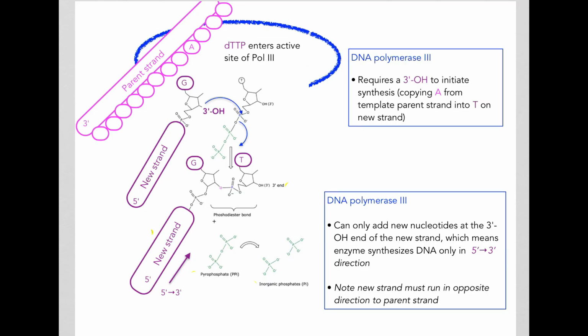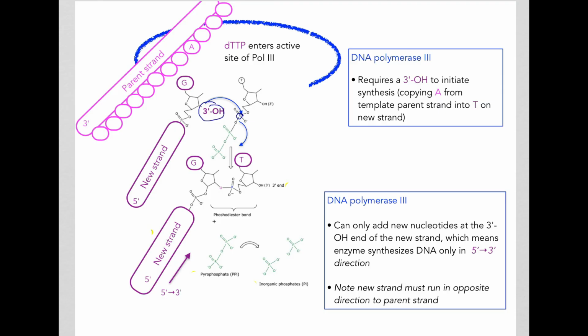And to copy the A into T, you can see that the enzyme DNA polymerase will require a free 3' hydroxyl group. And this hydroxyl group will attack this alpha phosphorus, the one nearest to the sugar.